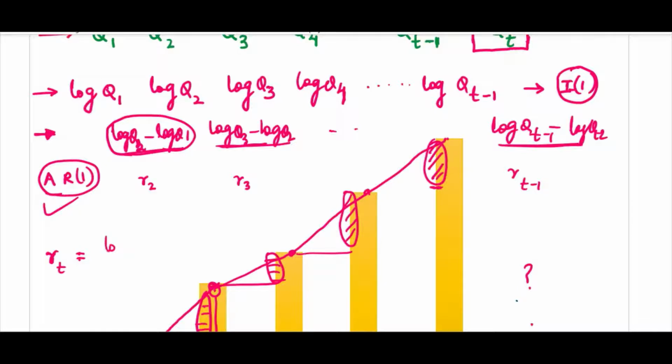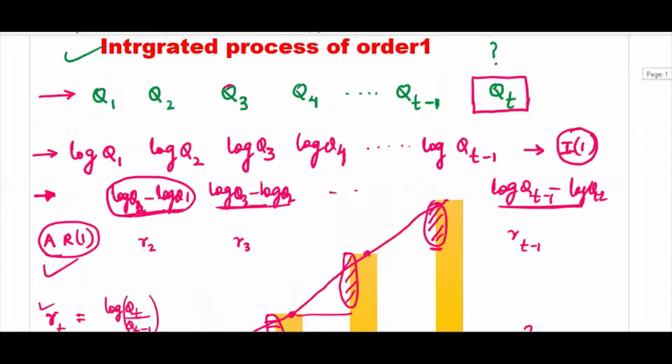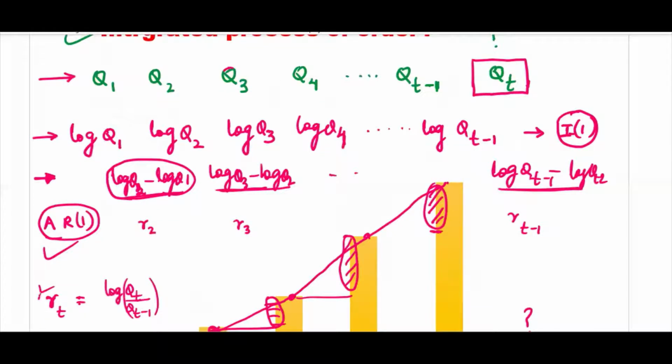Log of QT divided by QT minus 1. Instead of directly predicting the consumer price index, we'll apply the AR1 process to RT. So remember what we did: we applied log transformation, then we differenced once, and we got this one.